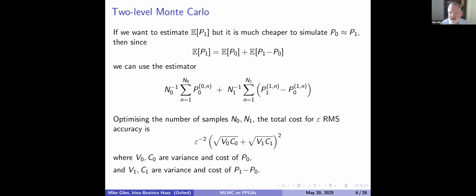So if we then optimize the number of samples, N0 and N1, to achieve a given epsilon root mean square accuracy again, what we end up finding is that the cost behaves like this: epsilon to the minus 2 times the square of the sum of the square root of variance times cost. So V0, C0 there are the variance and cost of P0. V1, C1 are the variance and cost of the difference, P1 minus P0.